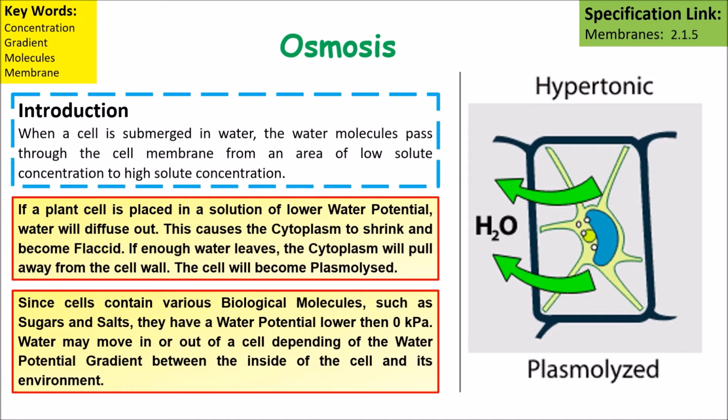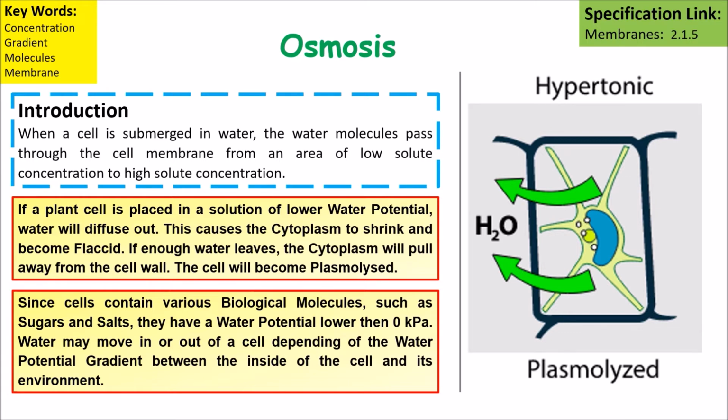So when a cell is submerged in water, the water molecules pass through the cell membrane from an area of low solute concentration to an area of high solute concentration. So if a plant cell is placed in a solution of water with a lower water potential, water will diffuse out of it. So this causes the cytoplasm to shrink and the cell will become flaccid.